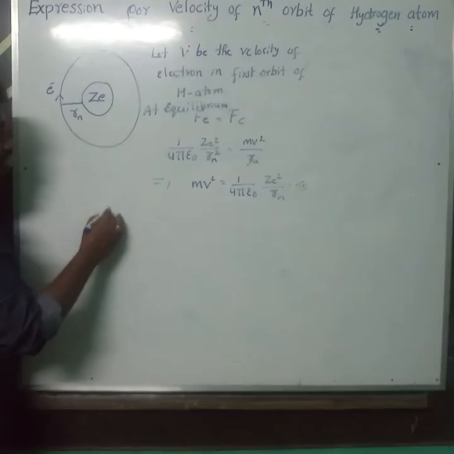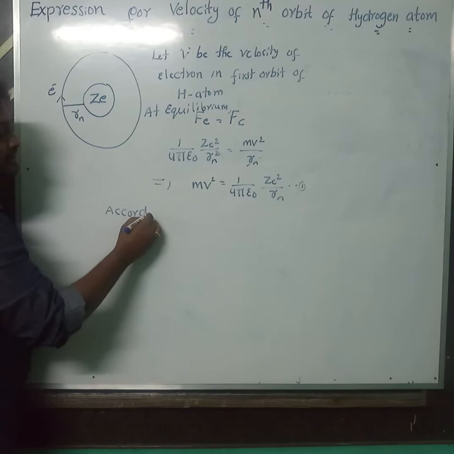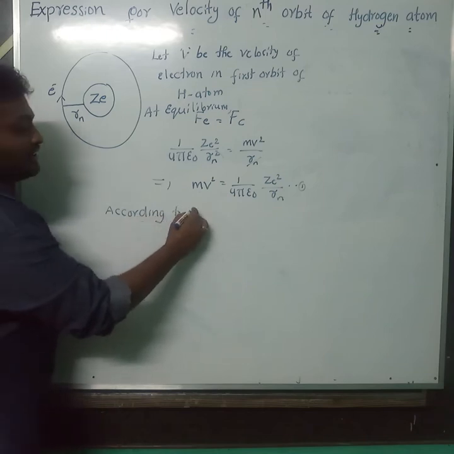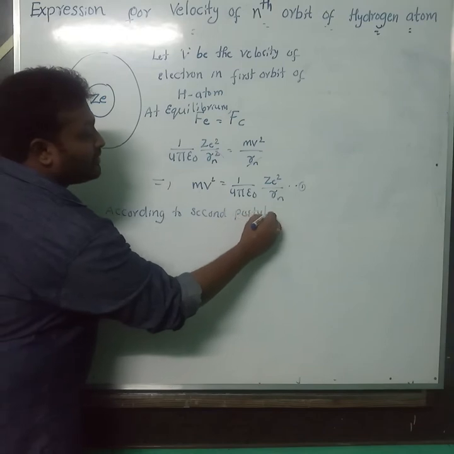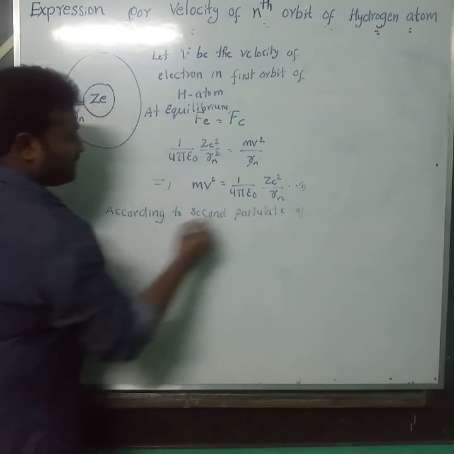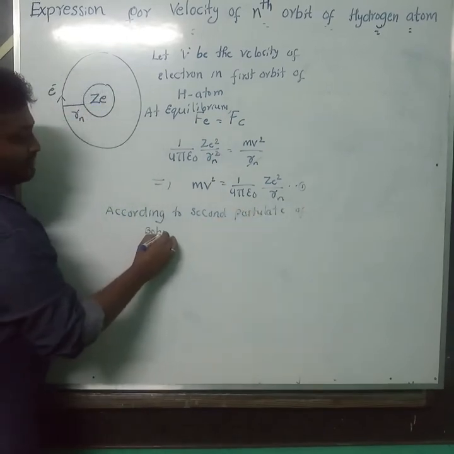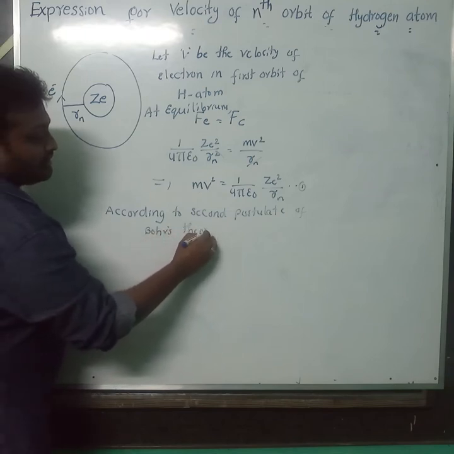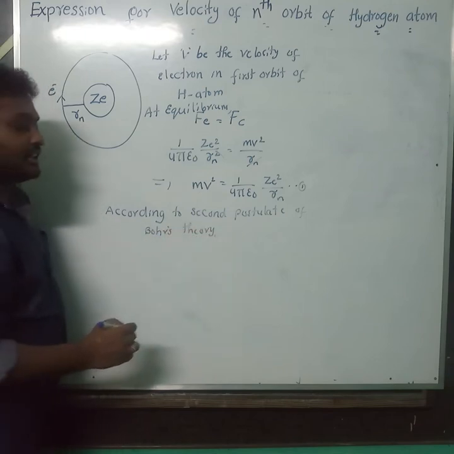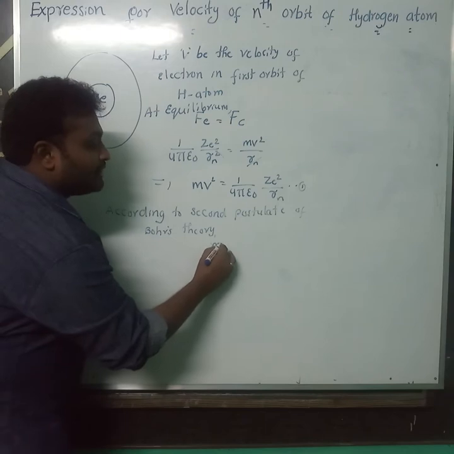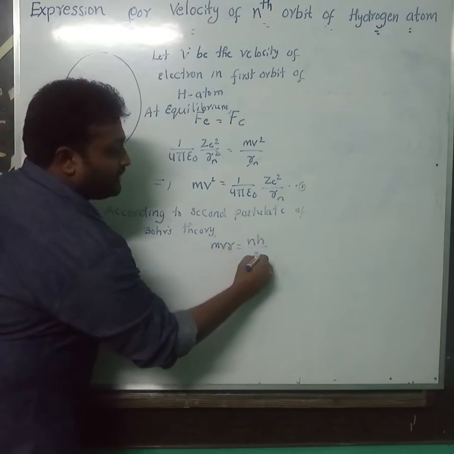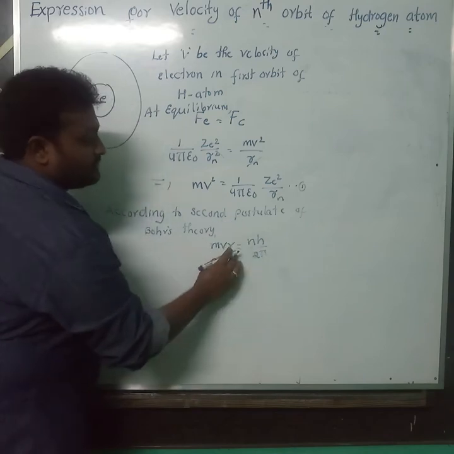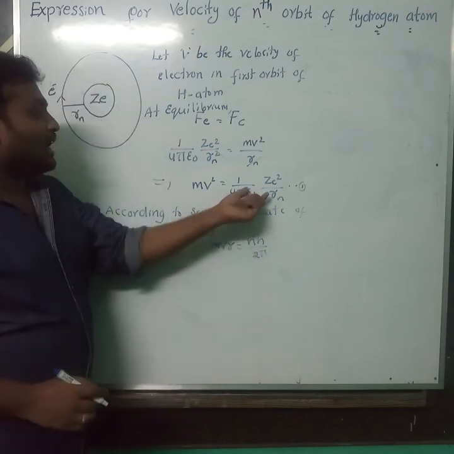Now we have to assume which postulate? According to the second postulate of Bohr's theory. What is the second postulate of Bohr's theory? Angular momentum mvr is equal to nh by 2 pi. Here we have mvr, so we have to eliminate r.